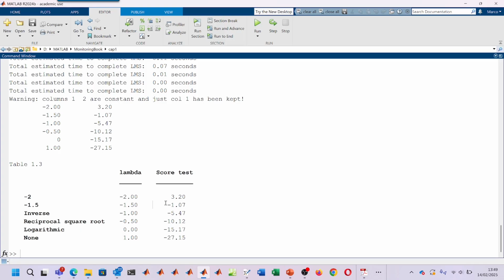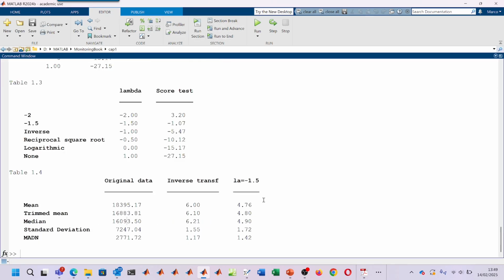According to this table, the best value of the transformation parameter seems to be -1.5. This is a bit strange for income data to end up with a value of the transformation parameter which is -1.5. It doesn't have an economic interpretation.